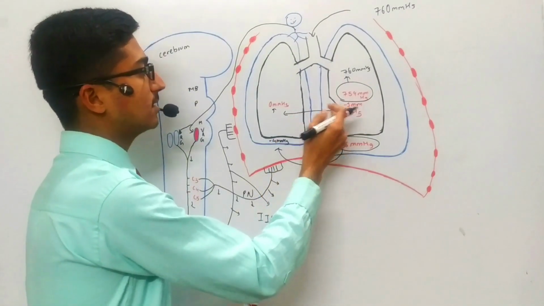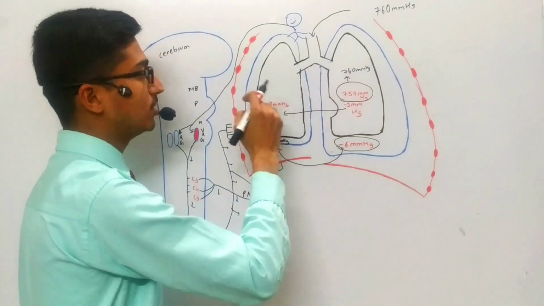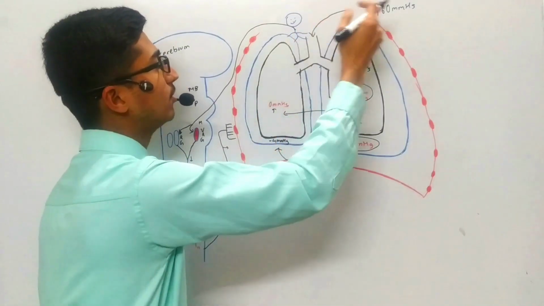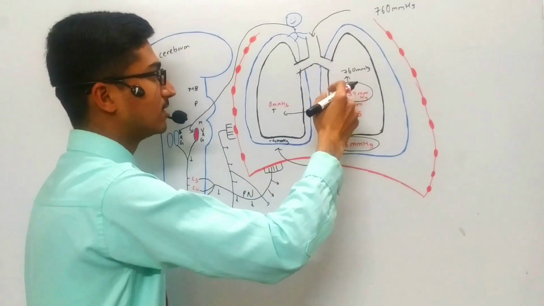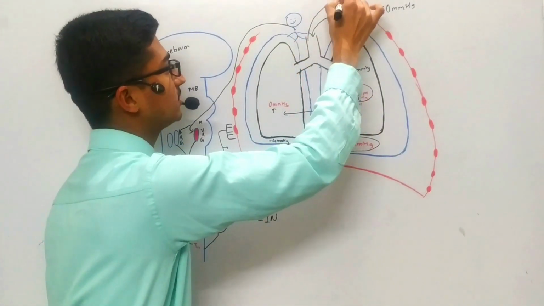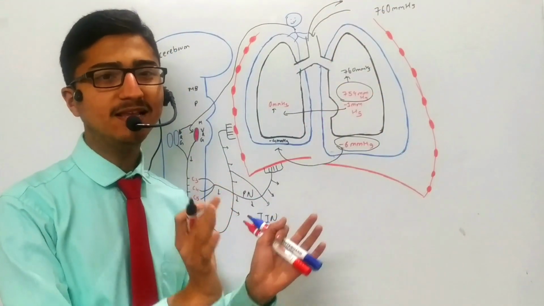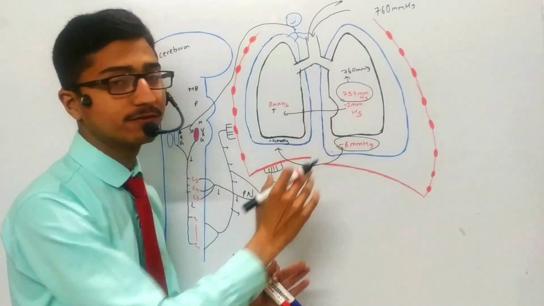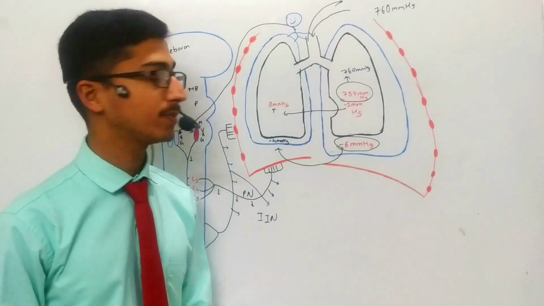Similarly, the same process occurs in the lungs. It will move from 759 to 760, that is 0, during expiration. And according to the law of diffusion, the pressure inside the lung is higher, so the air moves from the lungs outside into the atmosphere. But this air moving outside will be CO2 containing because of internal respiration, which we will study in our upcoming videos.